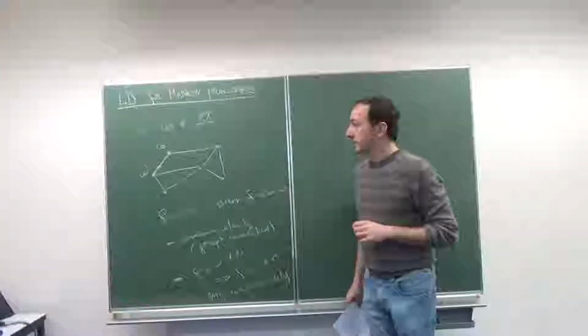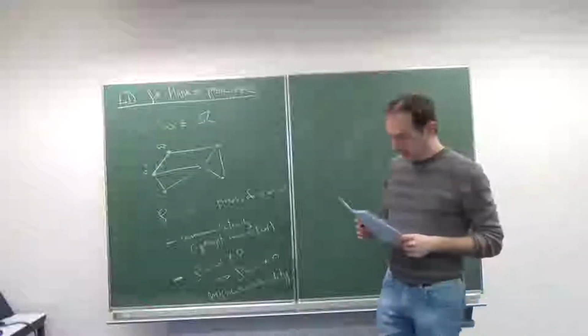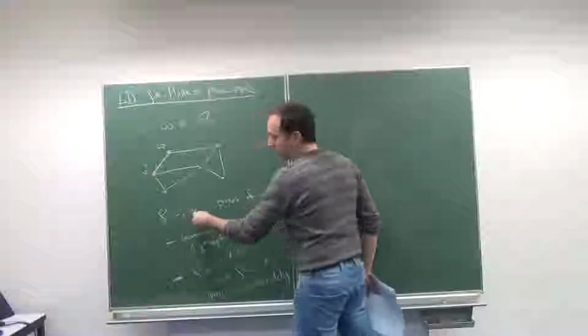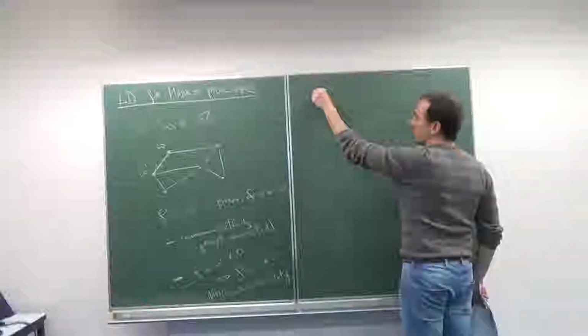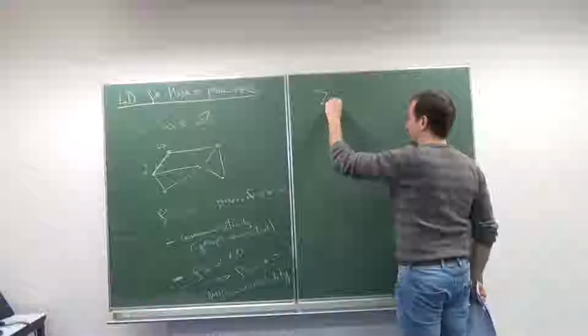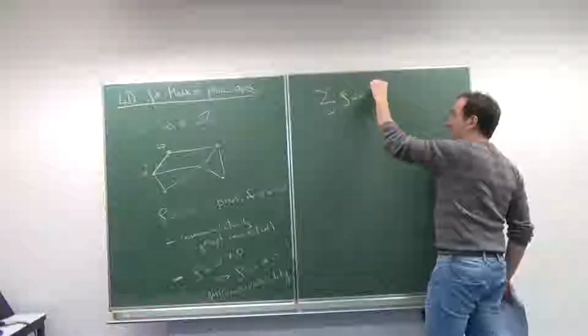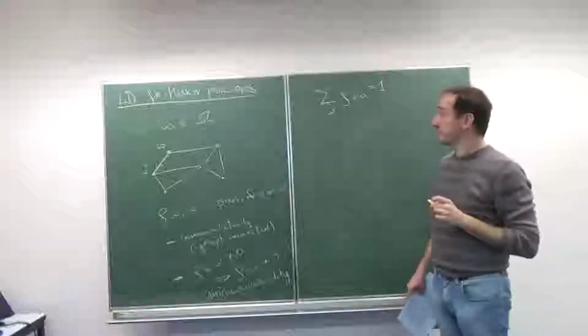Also, to make things a little bit easier, the probabilities of jumping to any other state from state omega, of course, are normalized. They sum to one, of course.